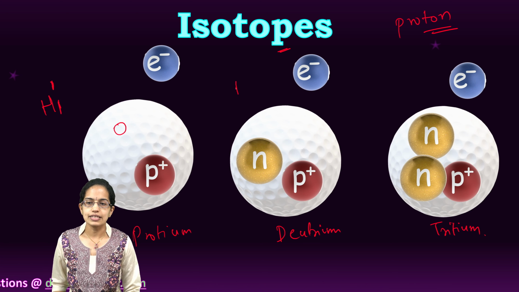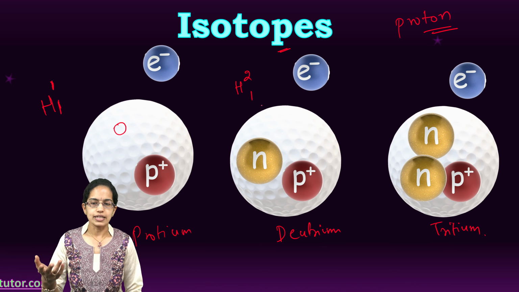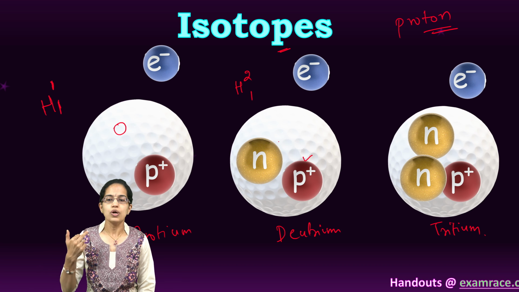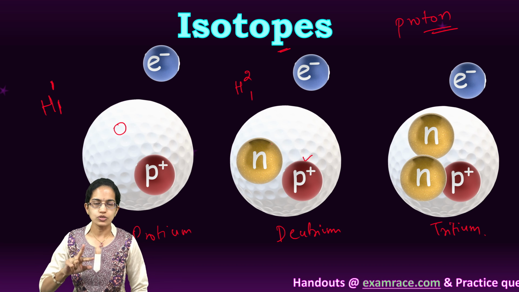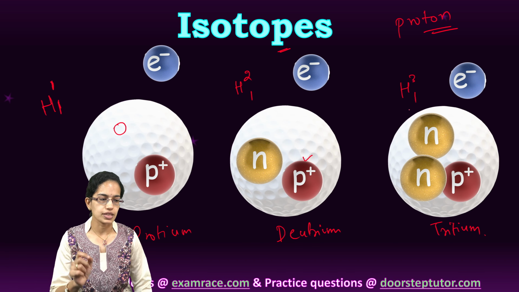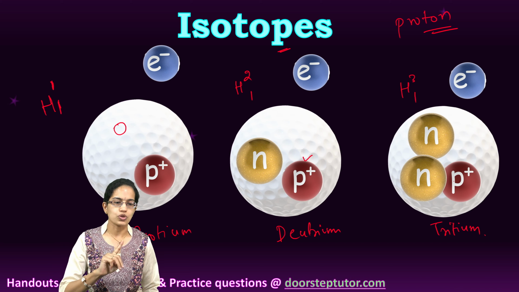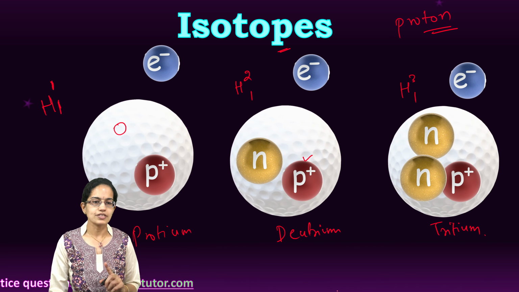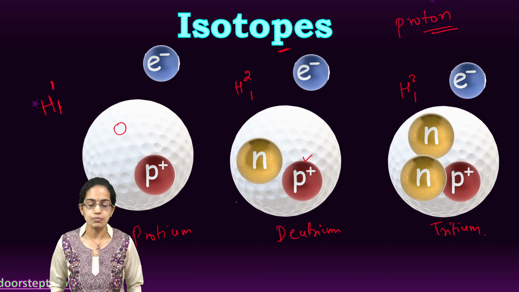In the second case, it is H21, that is you have one proton and the total mass is 2, so that means you have one neutron, so 1 plus 1 is 2. And H31, which is tritium, has two neutrons and one proton. But in all of these three, how many protons are there?